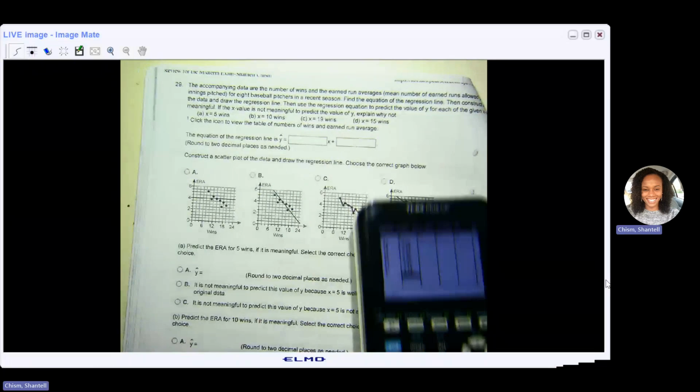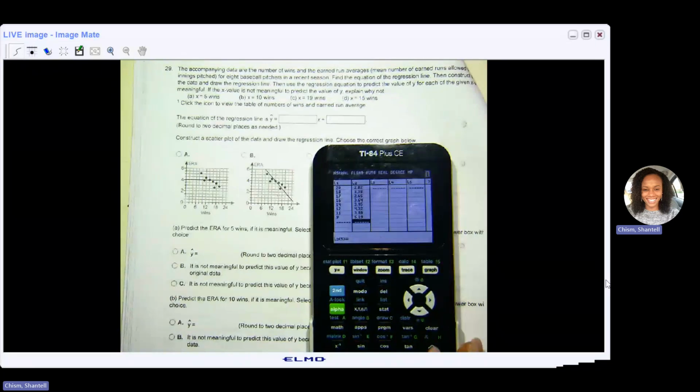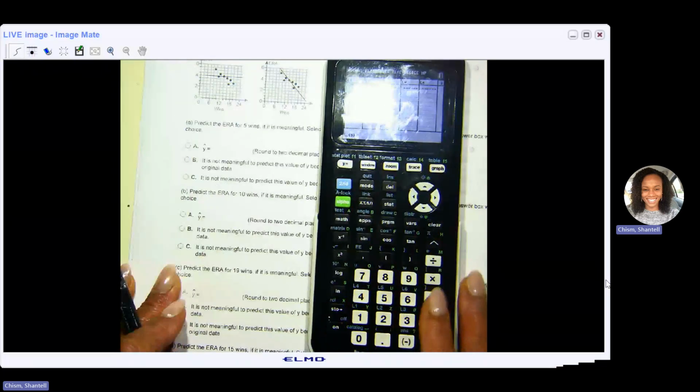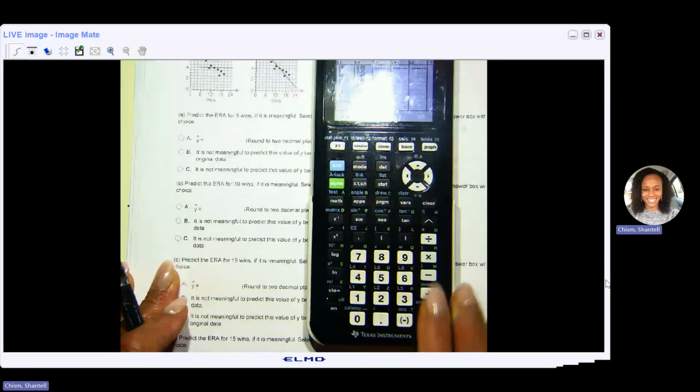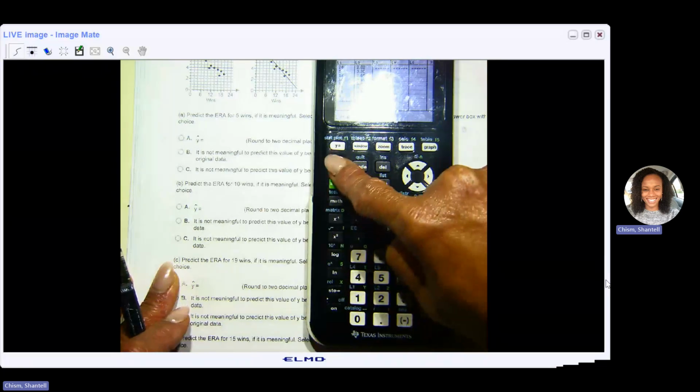And now I'm going to get my regression equation. Now, remember, always make sure your diagnostic is turned on. And I will say this when we get to class, before we take the midterm, I will have you walk through these steps. You see catalog in blue? That's the second function of the 0 key. I need you to press the second button, 0.